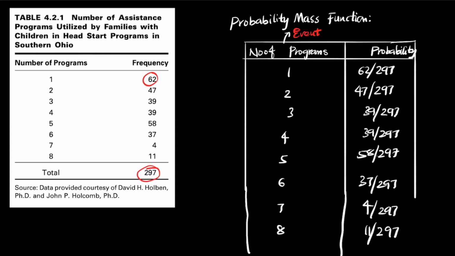How do you calculate the probability mass function? When you find the actual values of these probabilities, that gives you the probability distribution.